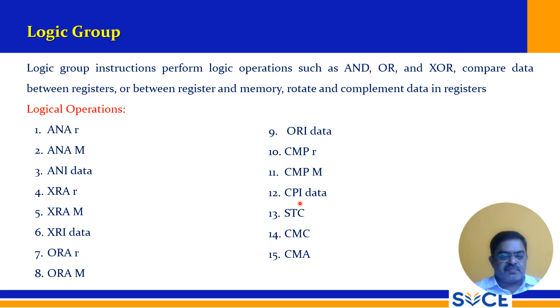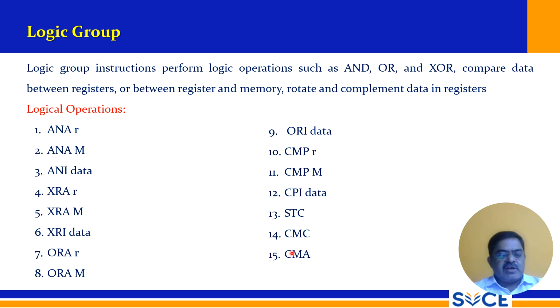These are the 15 instructions: ANA R, ANA M, ANI data; XRA R, XRA M, XRI data; ORA R, ORA M, ORI data; CMP R, CMP M, CPI data; STC, CMC and CMA.